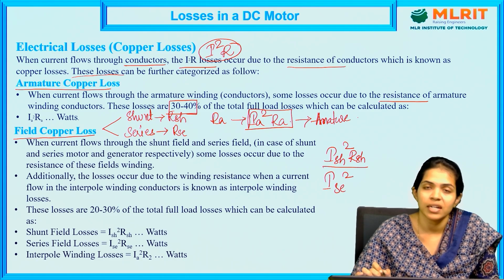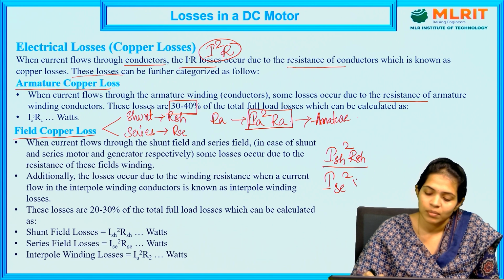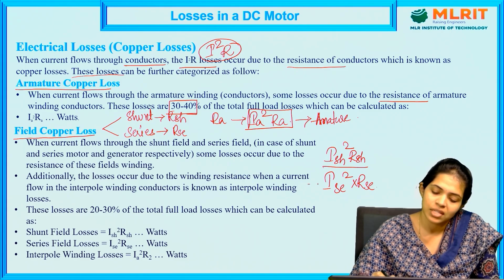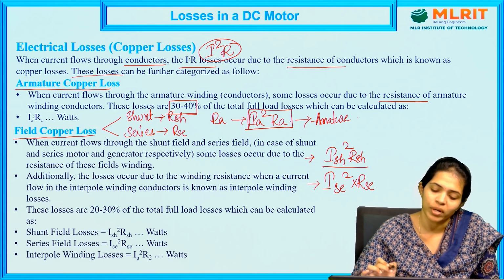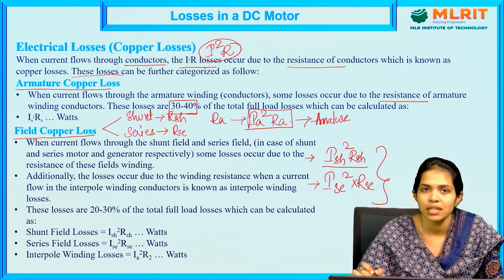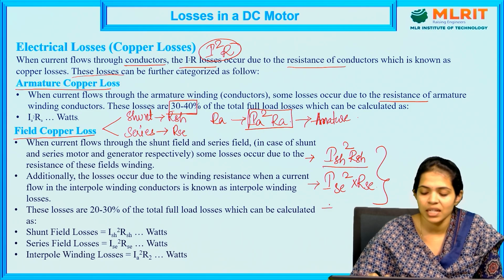The series field current ISE multiplied by the resistance of the series field winding, RSE, gives the series field winding copper loss. So we have the field copper loss for both the shunt field winding and series field winding, based on the type of motor which we consider, whether it may be a series motor, shunt motor or a compound motor.